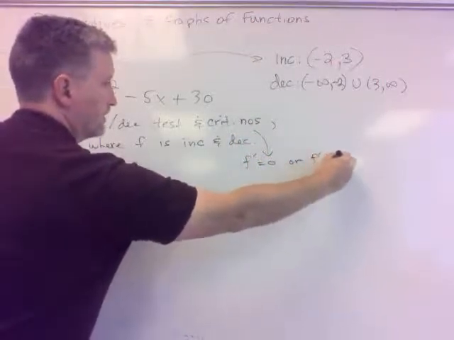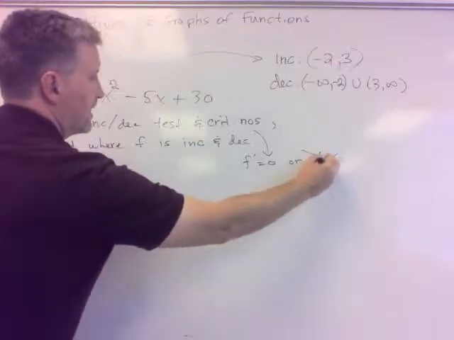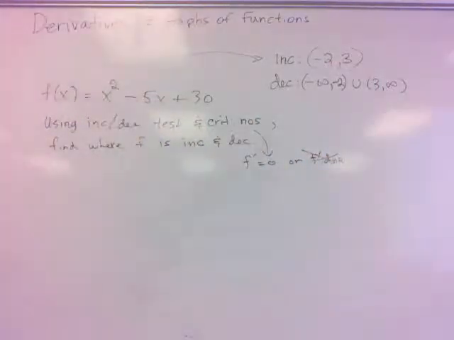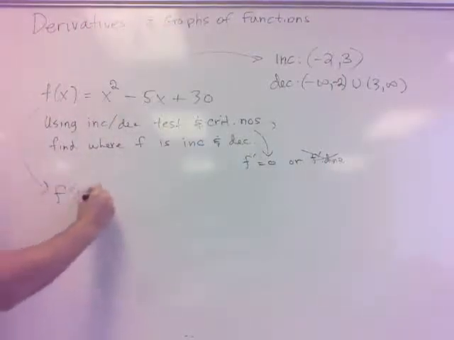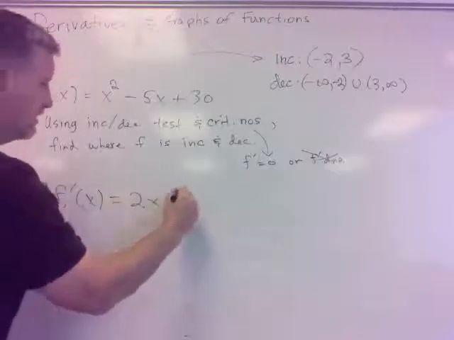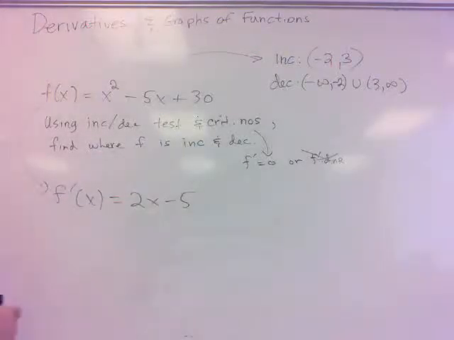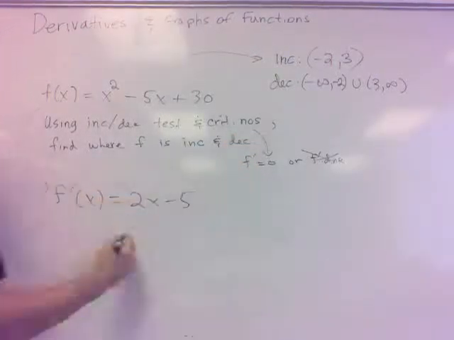For this one there's not going to be any that do not exist. So it's just going to be where the derivative is 0. So what's the derivative? f prime of x equals 2x minus 5.